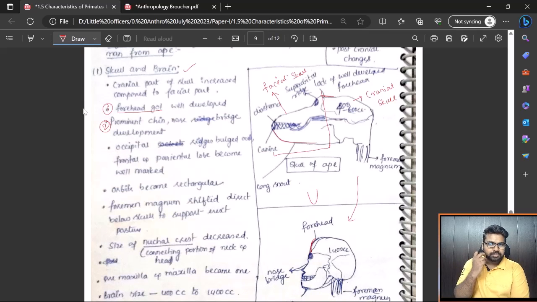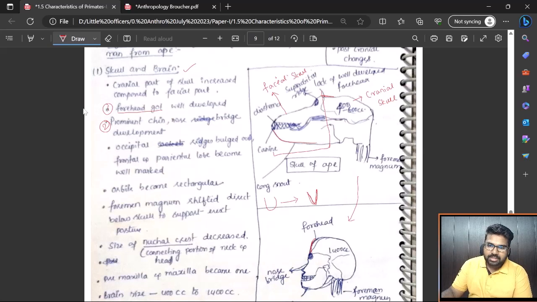Where we have teeth placed, that is called dental arcade. On top of it, there are teeth, and it started receding, and earlier it was in the shape of U and slowly it became V. As it started becoming V, there is a development of chin. Okay, that is the second change.